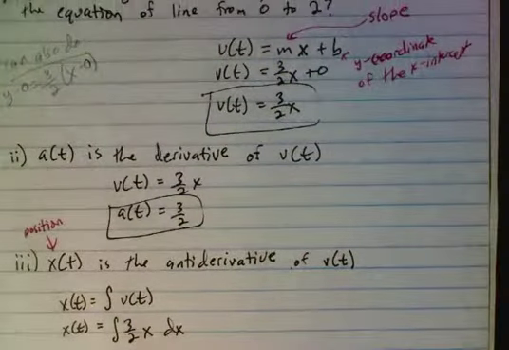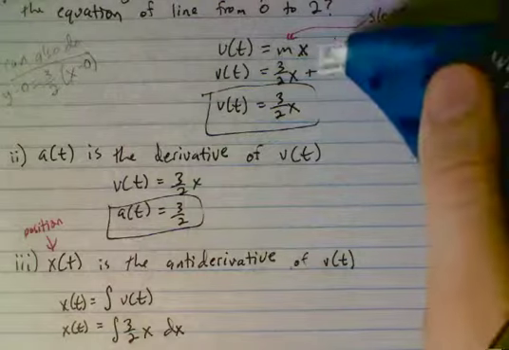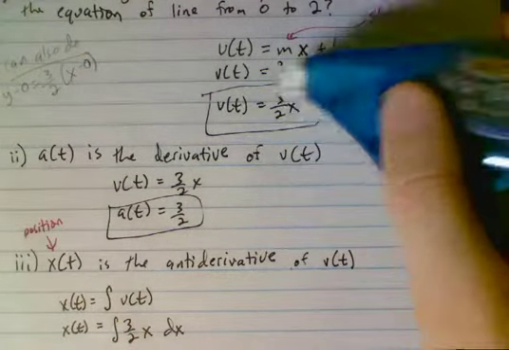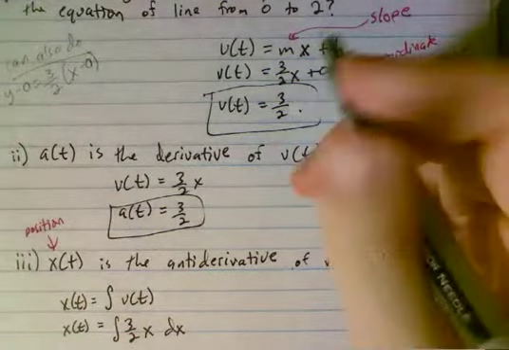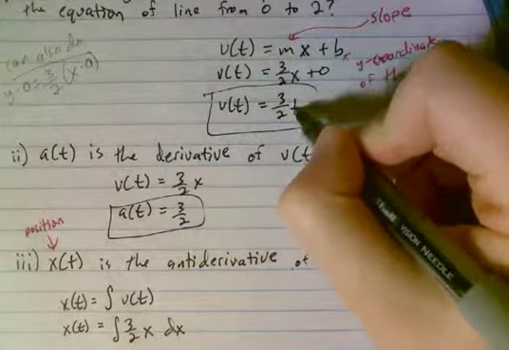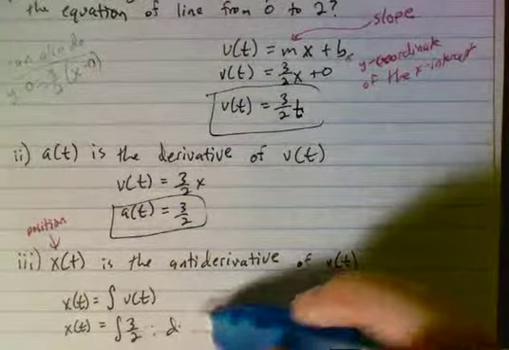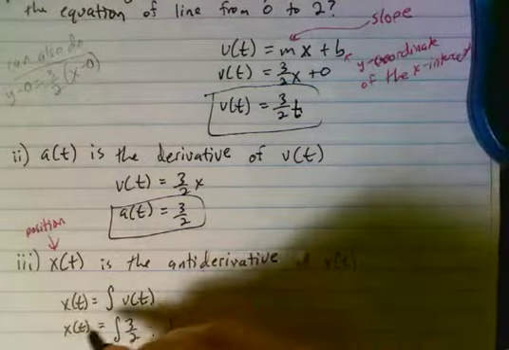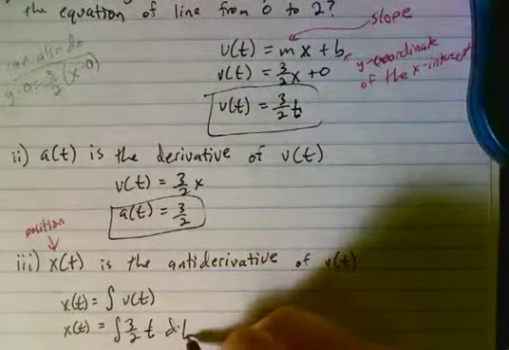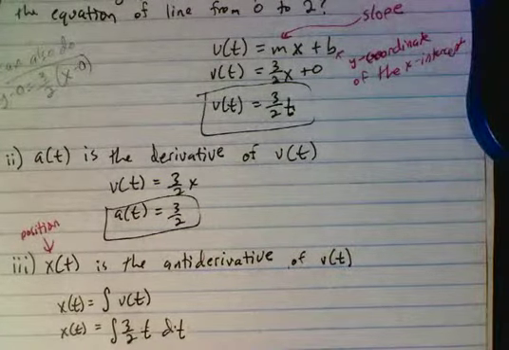Whoops, I just need to go back up here. Notice up here that I have an x, but I have a t here. Because this is supposed to be in terms of t, I should have a t right there. Likewise, x is my variable for position. My input variable here is t. That should be 3 halves t dt.